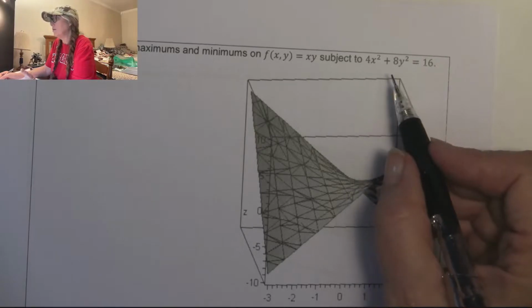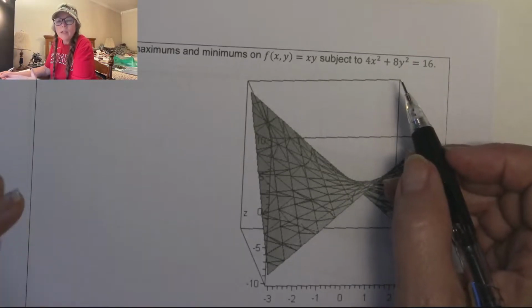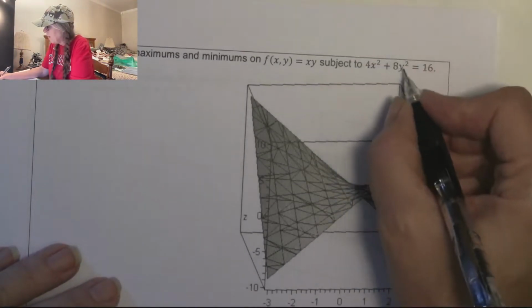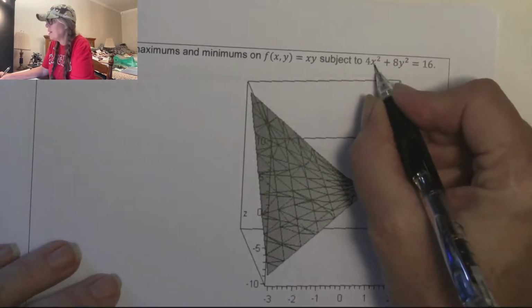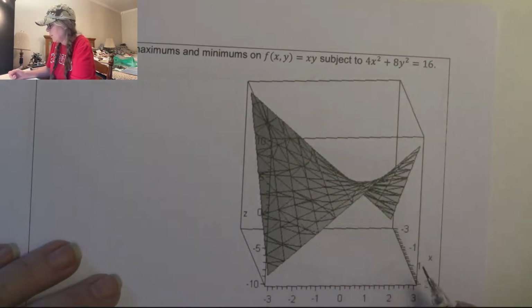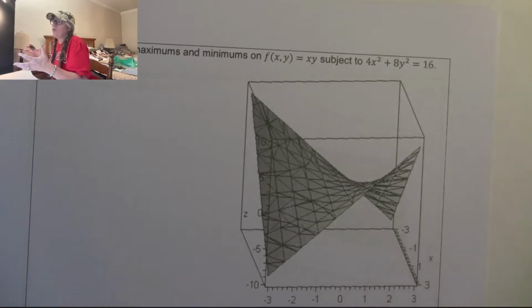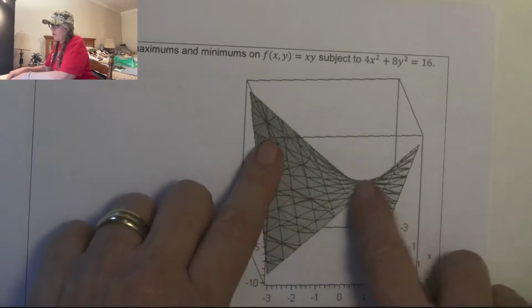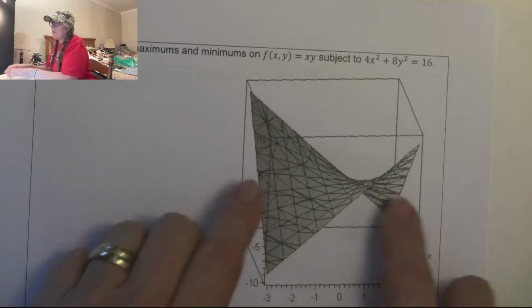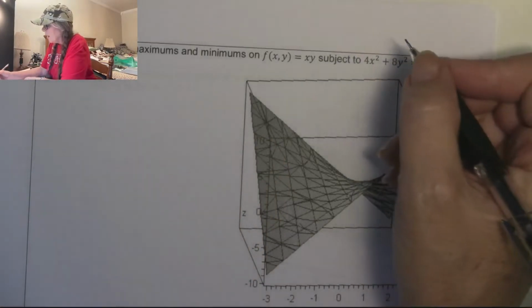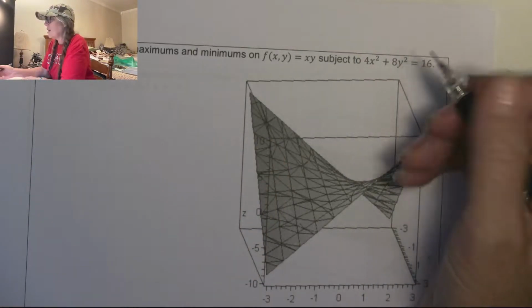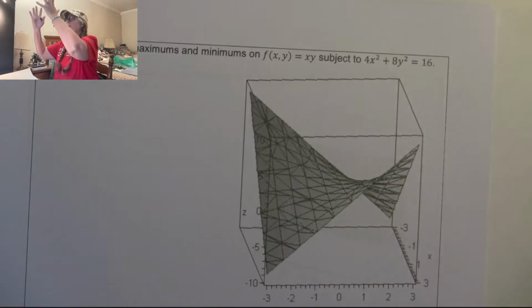It's an ellipse. If you wanted to make a quick drawing of that, you would divide here by 16, just so I can draw it down here. I'm not going to be able to draw the level curves of f, and I'm not going to spend time doing that, but I just want to show you where that constraint is, and then we're projecting that constraint up and looking for the very highest point.